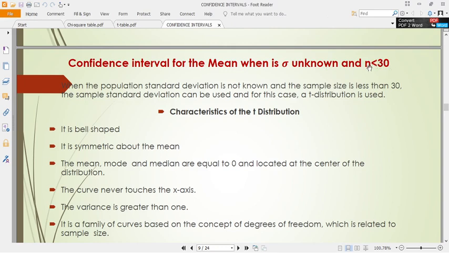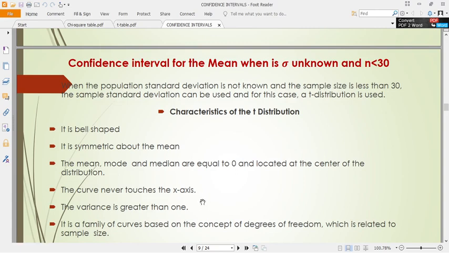But when the sample size is less than 30, we use what we call a t distribution. So a t distribution, like the normal distribution, is also bell-shaped. It is symmetric about the mean, and that's the mean divides it into 2 equal parts. The mean, mode, and median are equal to 0 and located at the center of the distribution, like the normal distribution.